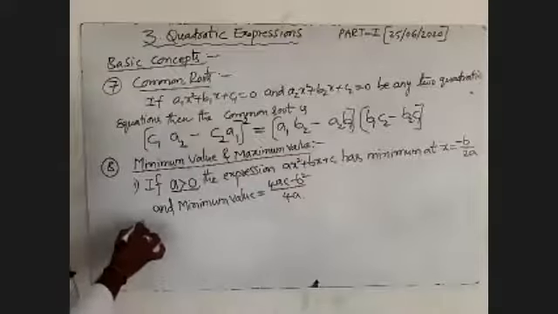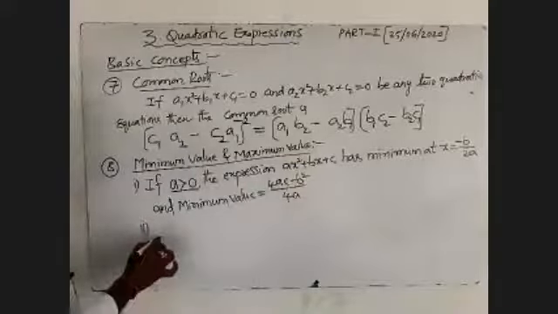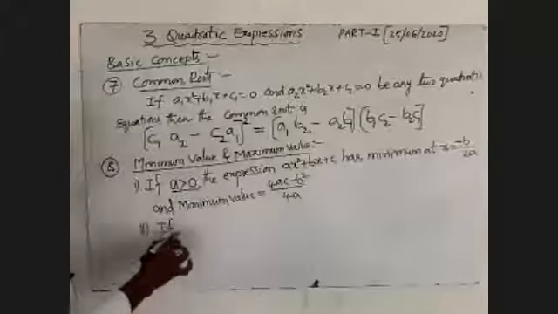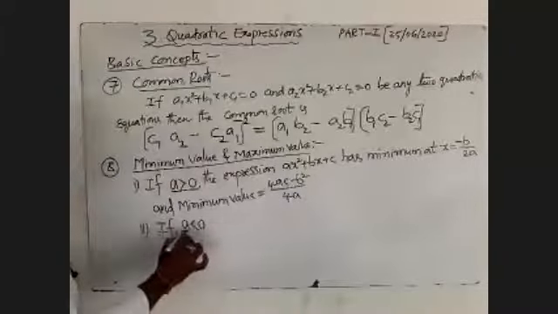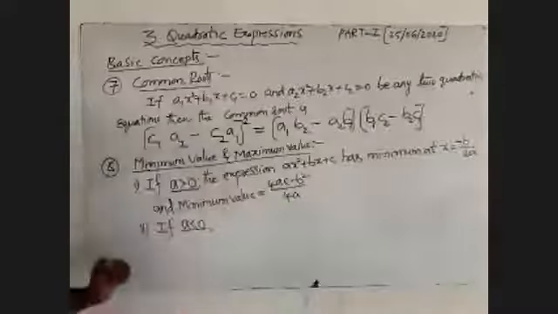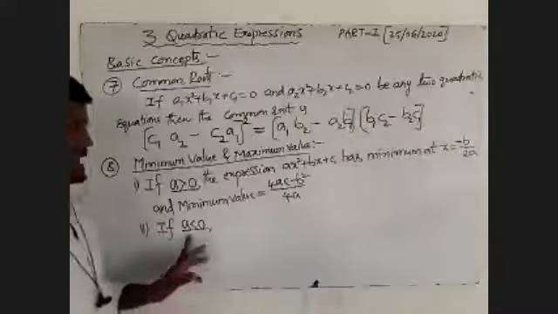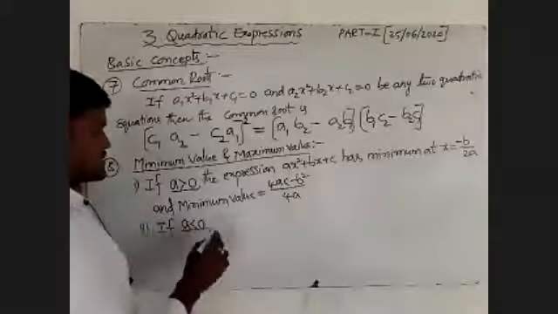Now I am going to the second one, that is, if a less than 0. A greater than 0 means the given one is a minimum value. A less than 0 means the given one is a maximum value.